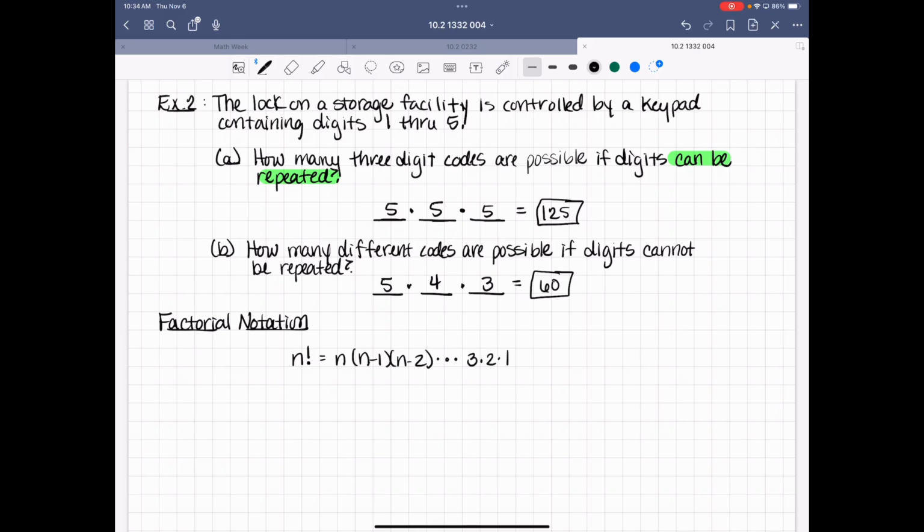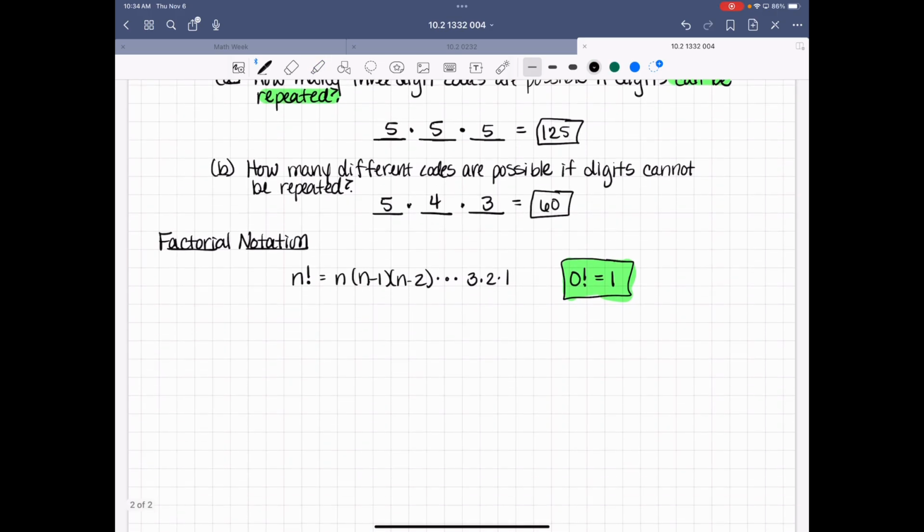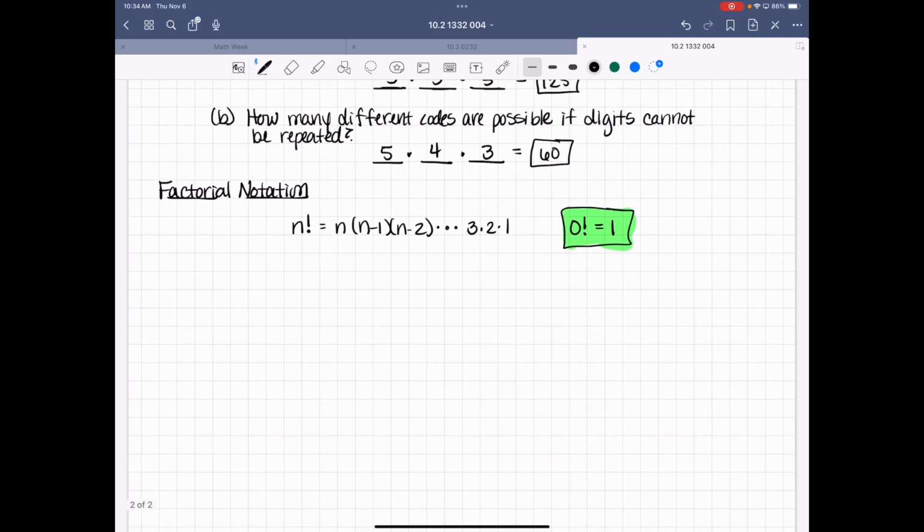One important thing that you do need to know and remember is that 0 factorial actually equals 1. Okay, that is important. 0 factorial equals 1. Now, let me show you how we do these factorial problems.